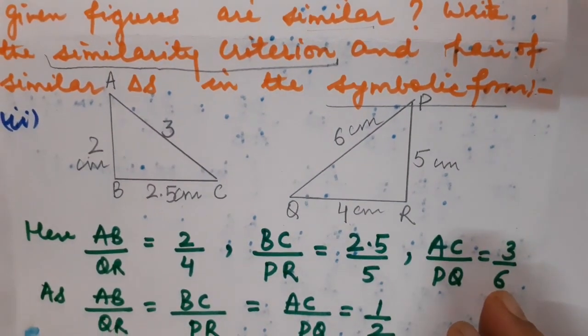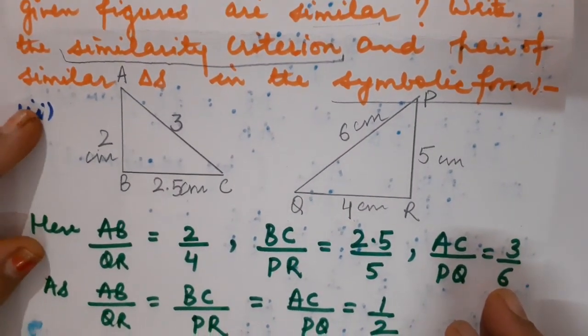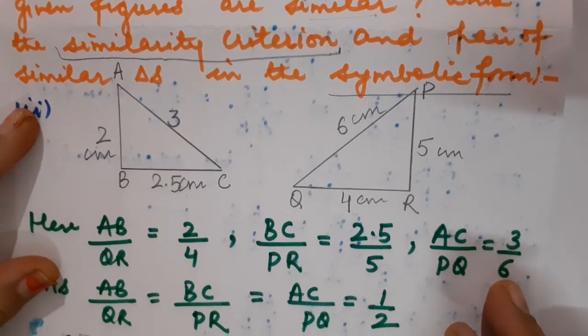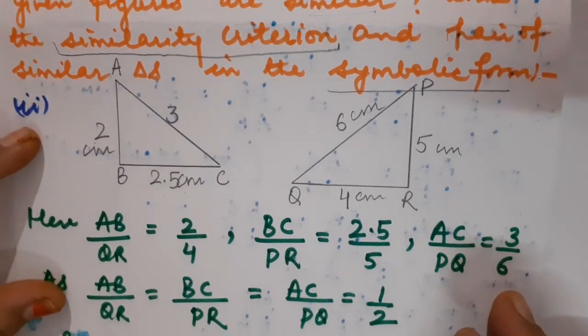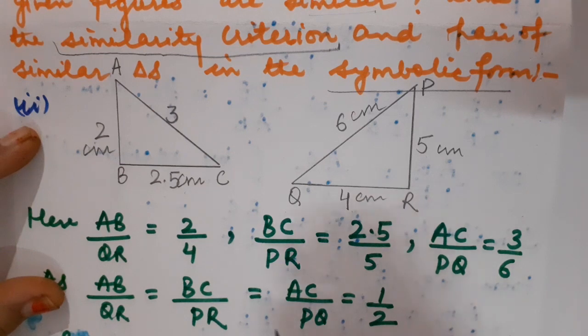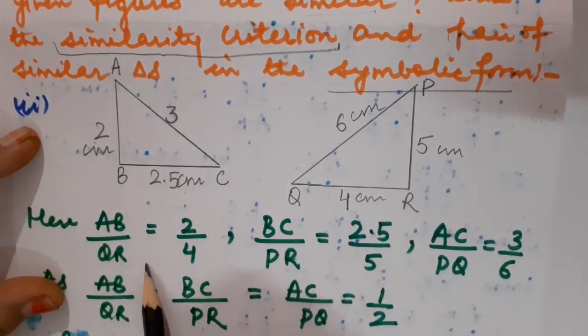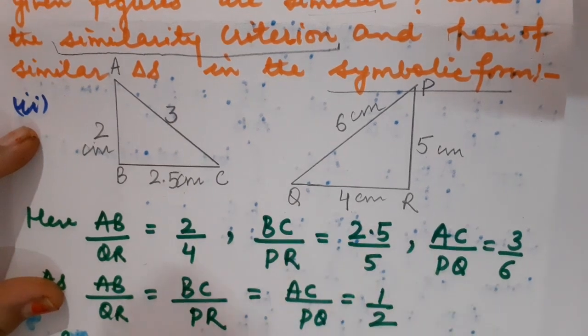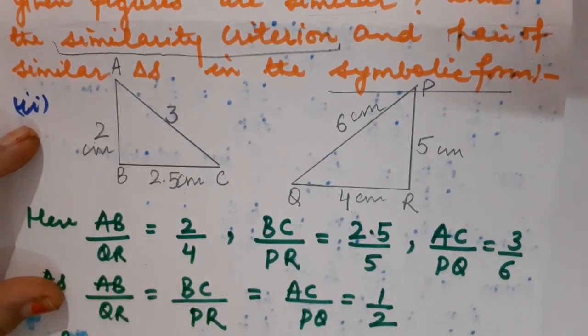Now children, according to similarity, you know very well that if I prove that the ratio of the corresponding sides is equal, then of course by SSS criteria, I can easily prove that both the triangles are similar to each other. Fine.